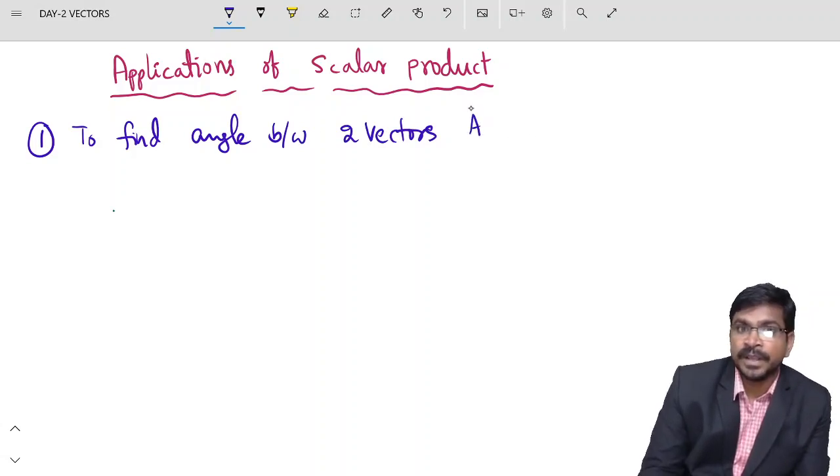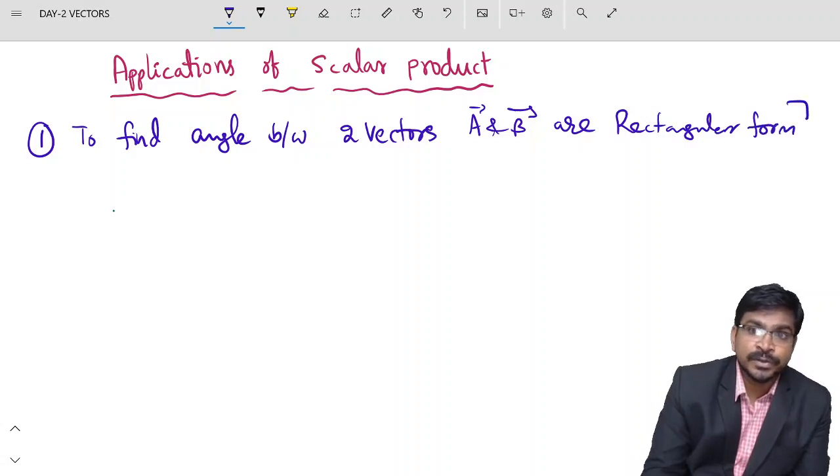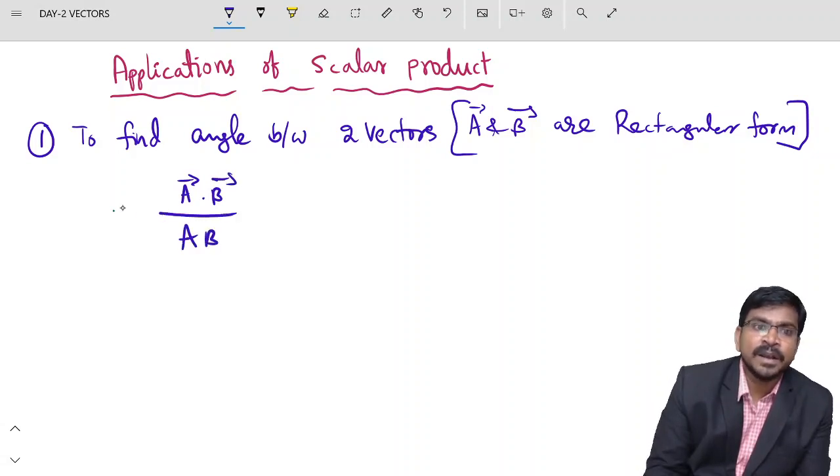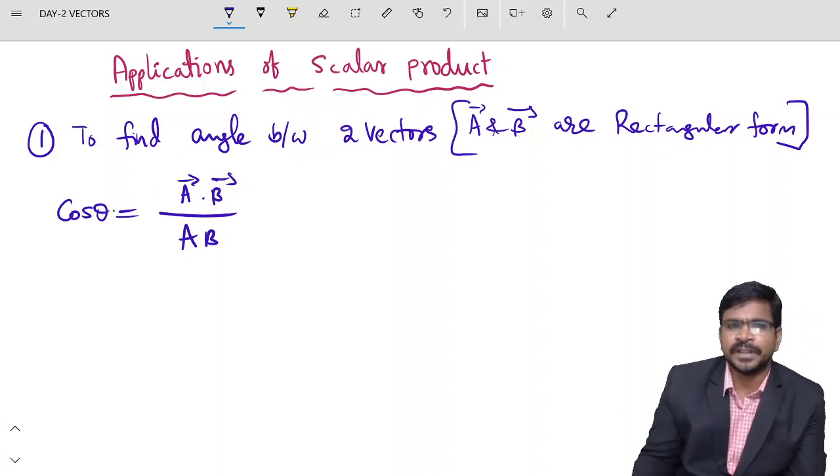Remember, A and B are in rectangular form. In that case, you should apply A dot B equals AB cos theta. I hope you can understand this. Simply, A dot B is AB cos theta. Here AB is taken to the other side.